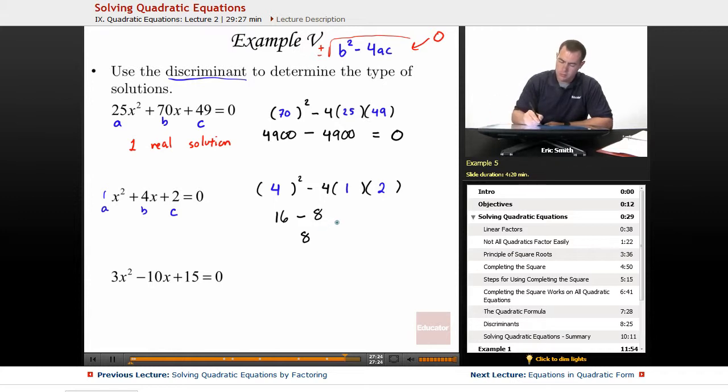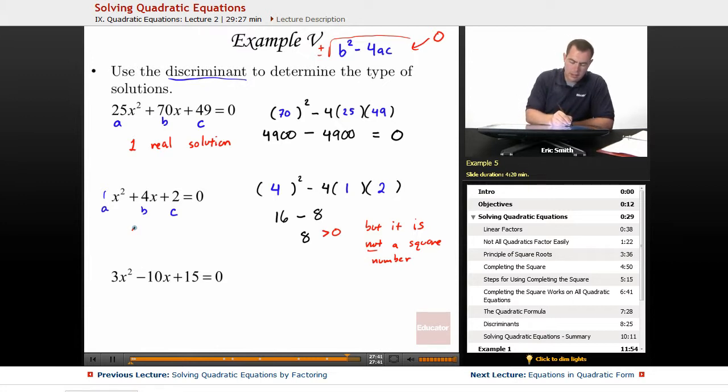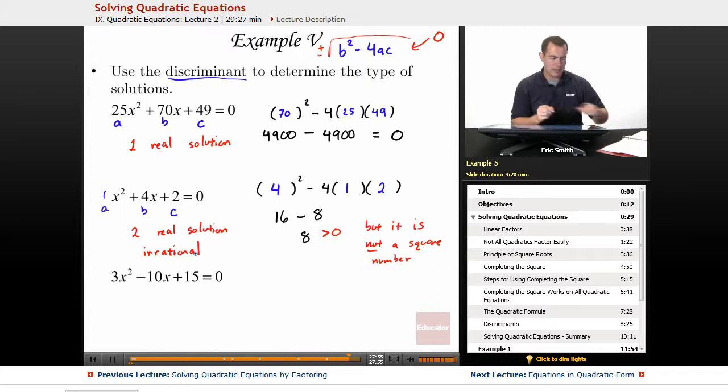Alright, so this number is greater than 0, but it is not a square number. So what I can say is that I will have two real solutions. But since it is not a square number, they will be irrational. Not bad. All right, let's do one more.